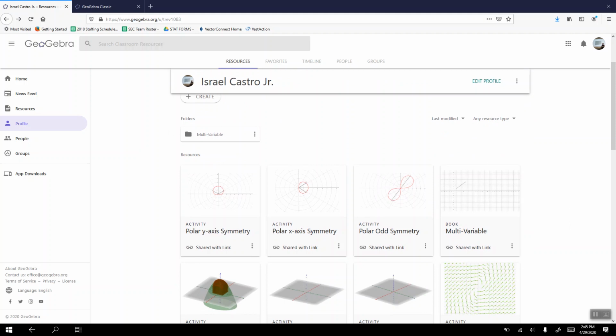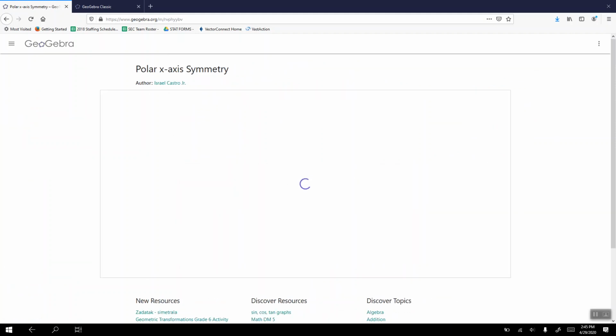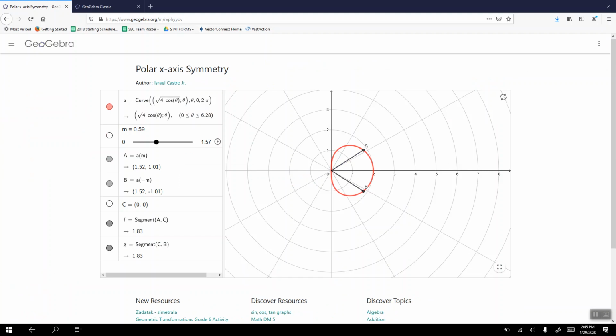Now I'm going to start off with the symmetry about the x-axis, and that's going to be this middle one right here. Looking at this symmetry about the x-axis, I want you to notice the symmetry here. We're still considering that this is going to have symmetry along the polar axes.